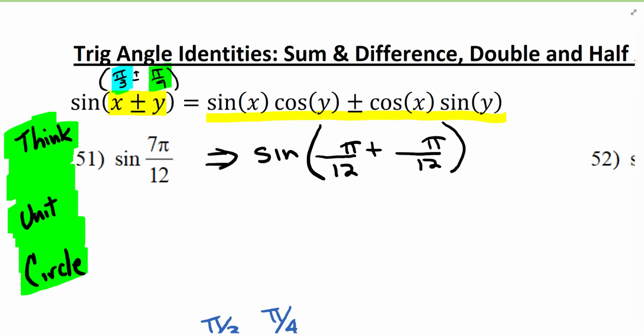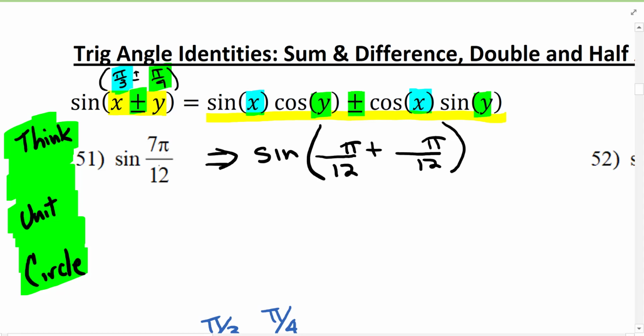You take sine of the first and multiply it by cosine of the second, and then you take cosine of the first and you multiply that by sine of the second. And if you're adding in here, then you add here. If you're subtracting here, you subtract here. So let's get started on that.